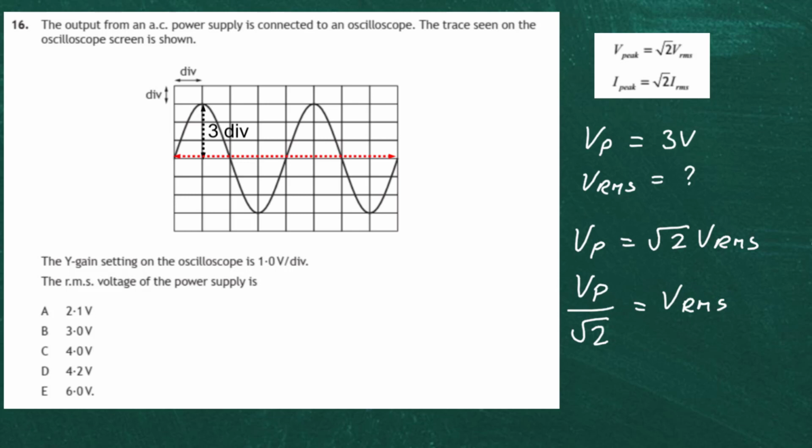Let's plug in the numbers. The peak is going to be 3 volts, and we divide that by the square root of 2, and if we do that on our calculator, we end up with a value of 2.1 volts, and always remember it's V RMS. So that's going to give us the answer 16A. So our answer is going to be 16A.